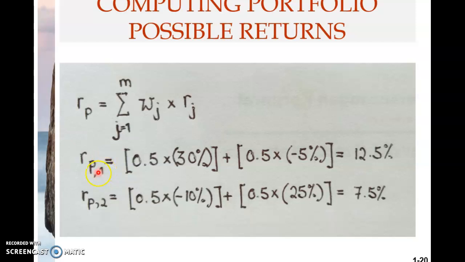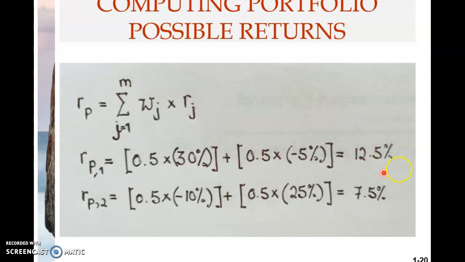This 1 stands for boom, 2 stands for bust. 30% return for stock A, but negative 5% return for stock B if there is a boom. So 50% will be invested in stock A, 50% in stock B. So this will be the weighted average return. So the possible return for boom for the portfolio will be 12.5%.